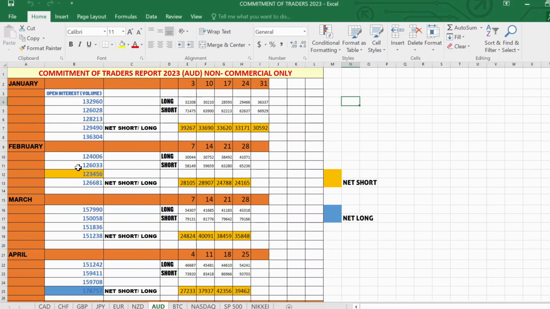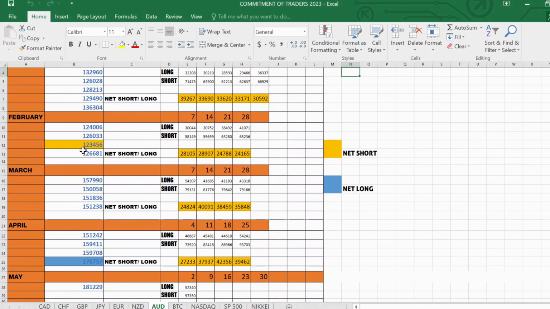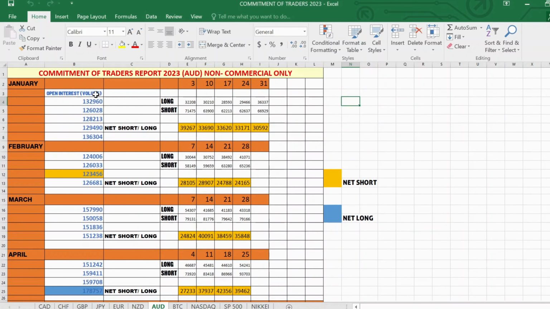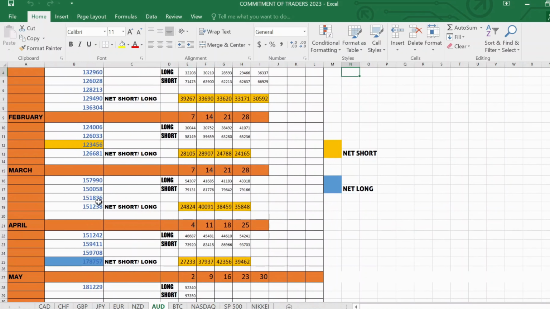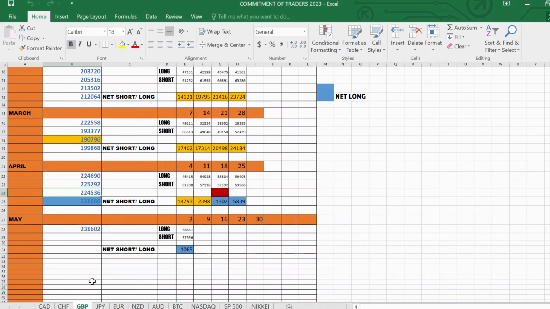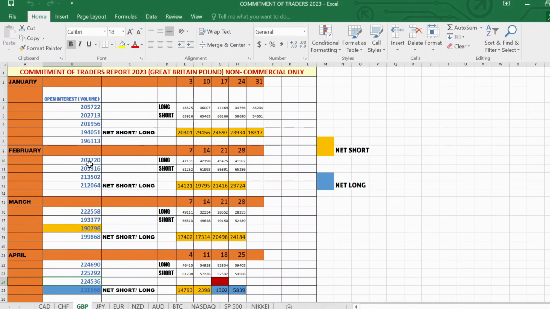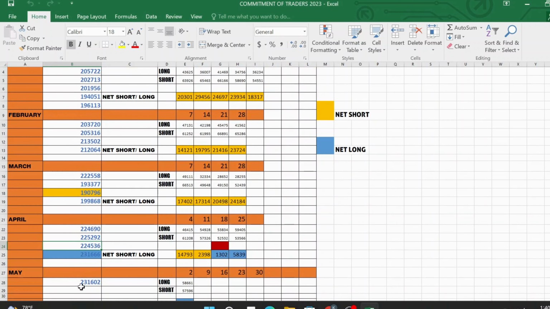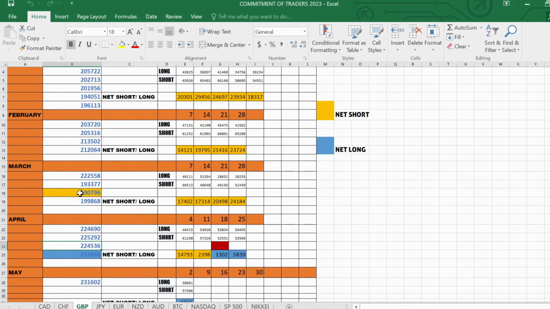And when it comes to open interest, the key thing is to look at whether the volume is increasing or decreasing and compare it to the previous reports. So for the pound, you can see the lowest volume we had was in the third week of March.